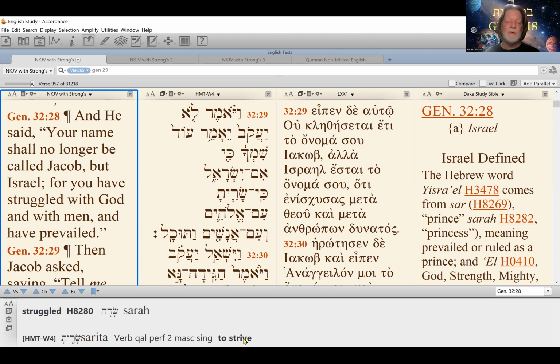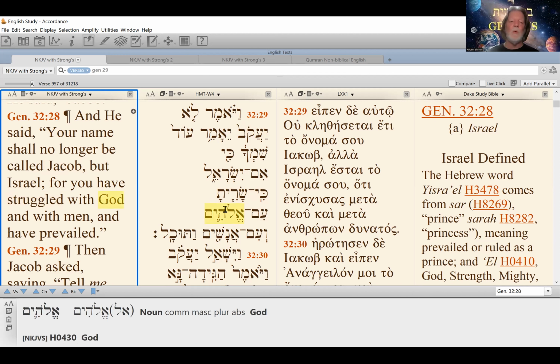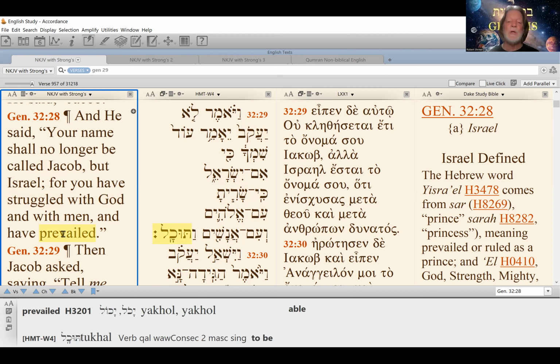And it means to strive. And of course, another word for that would be to wrestle. So you have struggled, sarit, im Elohim, with God, ve'im anashim, and with men, and have prevailed. Tukal means to prevail, to be able to like win the wrestling match.